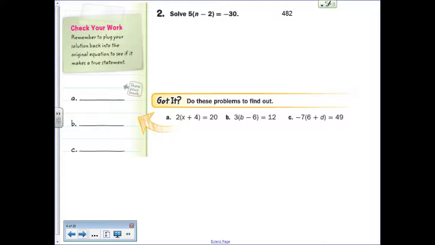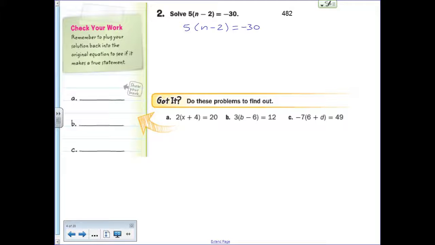Let's take a look at example 2. Again, we could use the distributive property on this problem, but we're not because there is a faster way to do it. 5(n - 2) = -30. Because the minus 2 is in parentheses, we're going to move to multiplication and division first.